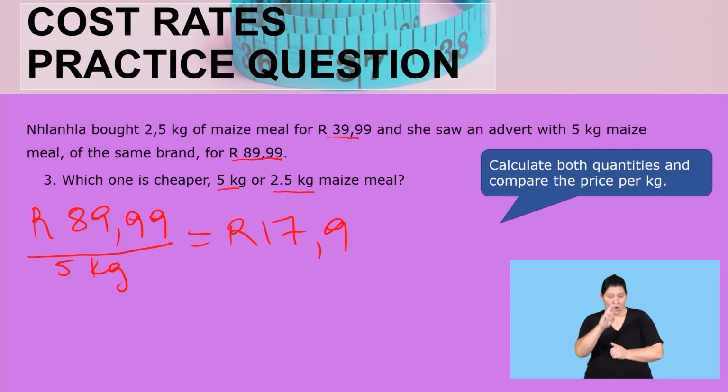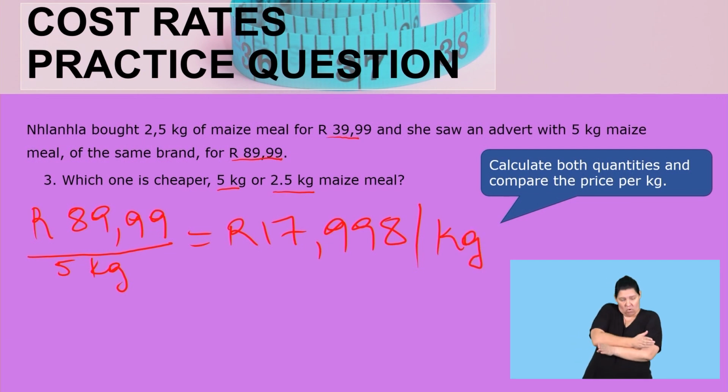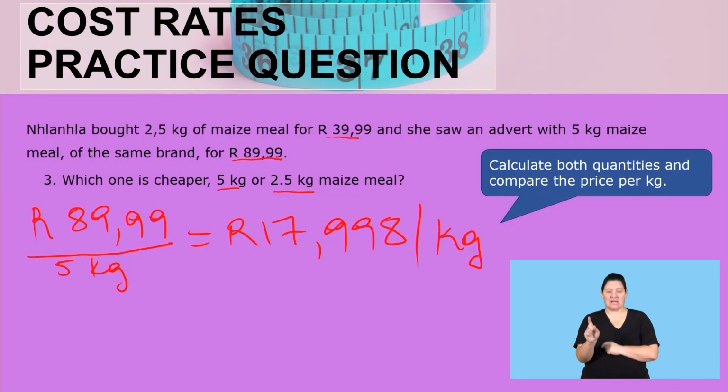So remember what I said. I said if we want to work with cost rates, we don't round off. But the previous one needed the price. That is why I rounded up. But this one is not the price. It is the cost rate. I want to know the cost rate of 1 kilogram. Hence, I'm leaving it as it is.